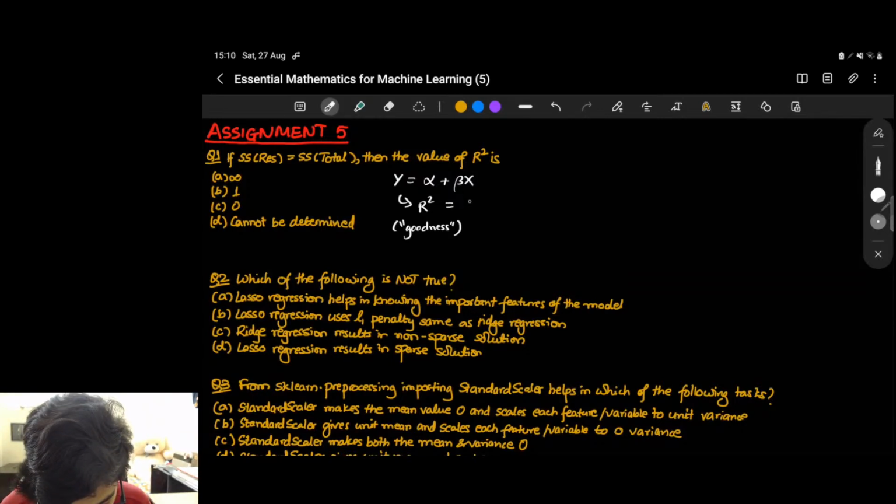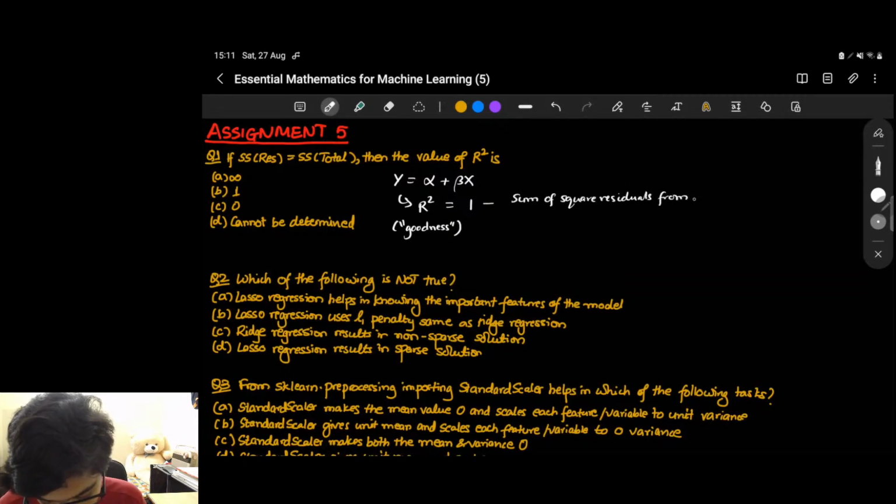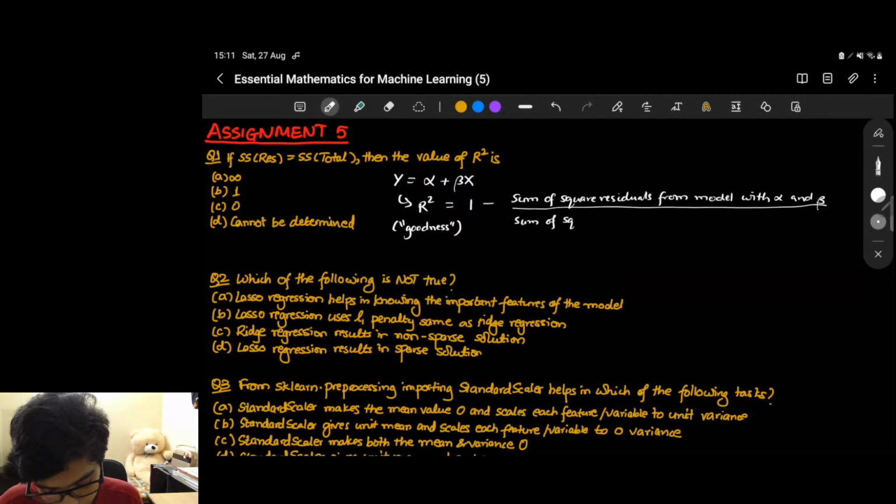R squared is defined as 1 minus the sum of square residuals from the model with both alpha and beta included, divided by the sum of square residuals from the model with alpha only.